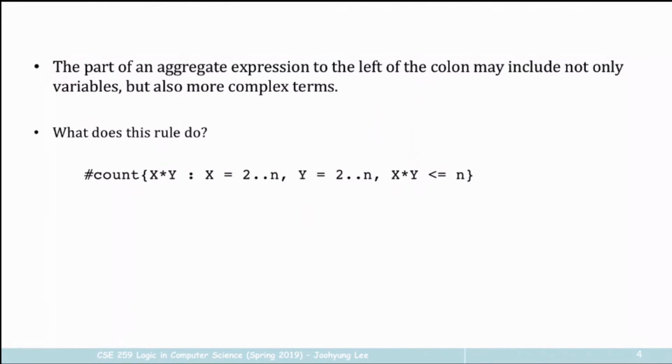What we are counting is how many different x times y are possible that satisfy the conditions on the right-hand side. Can anyone see, in intuitive English, what this is counting? So we are counting x times y such that the right-hand side is true. What is the thing that we are actually counting?